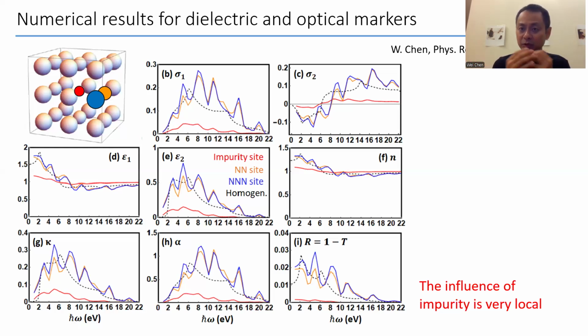This is somewhat expected because insulators usually don't have a length scale other than the lattice constant itself. It's not like metals. Metals have a length scale. If you put an impurity in a metal, it's going to cause a Friedel oscillation, where the length scale of the oscillation is precisely the Fermi wavelength. But here you don't have Fermi wavelengths because they are insulators. So it seems fairly reasonable that the effect of an impurity is very local.